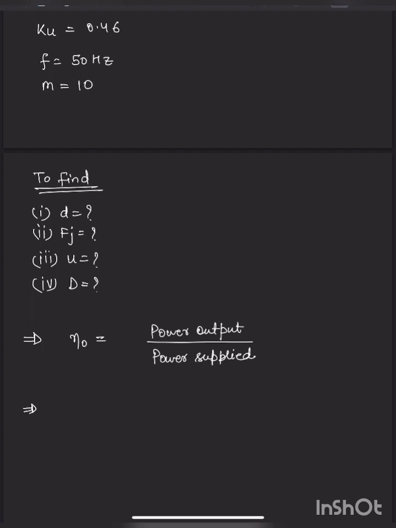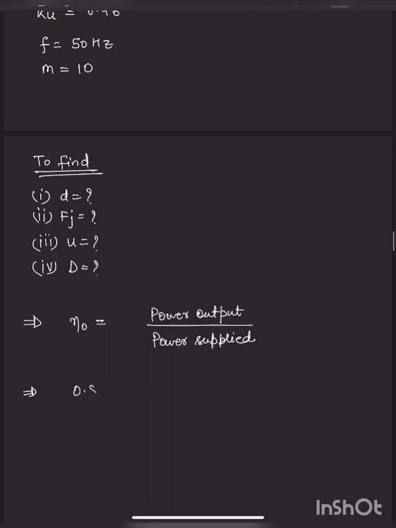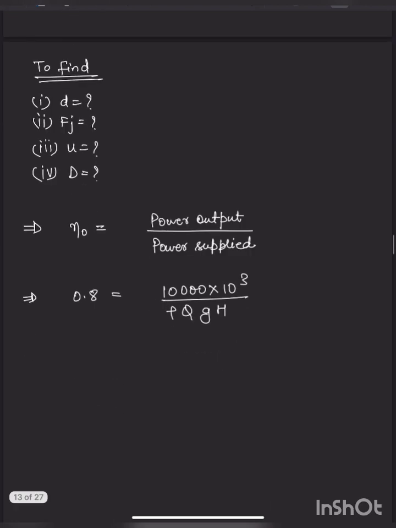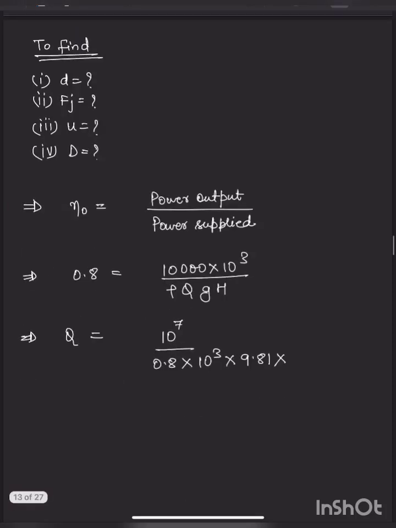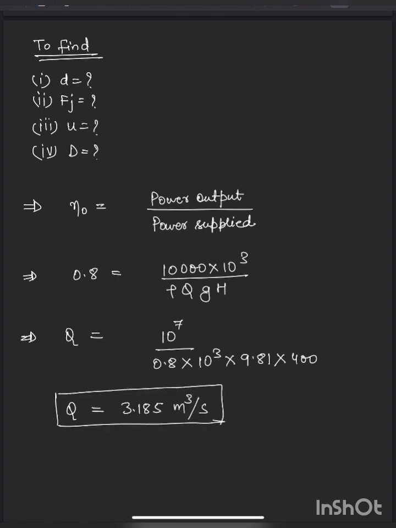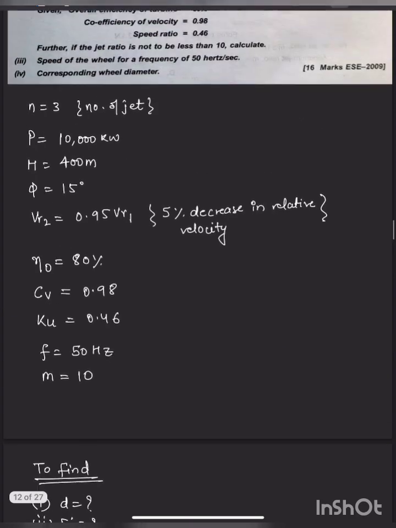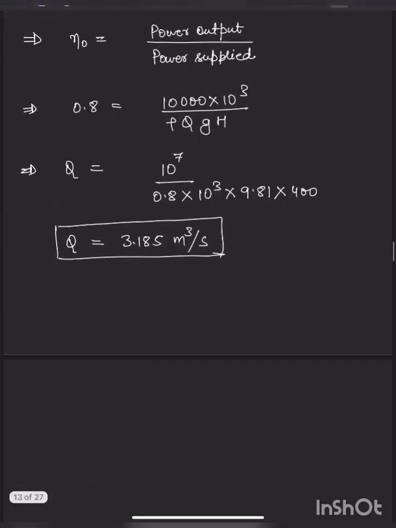Since overall efficiency and power output are given, from power supplied we can calculate the discharge. Putting the values of rho, G and H, we can calculate Q. So Q is equal to 10 to the power 7 divided by 0.8 into 10 to the power 3, the density of water being 10 to the power 3 kg per meter cube, then 9.81 and the net head. Head is given as 400 meters.